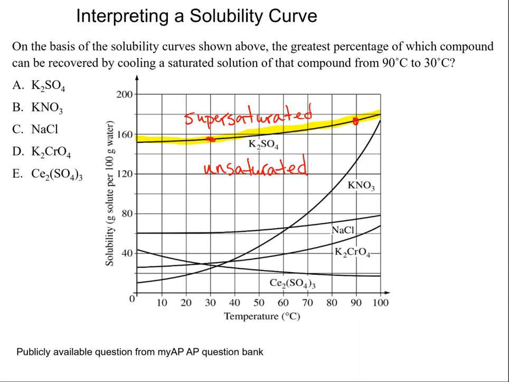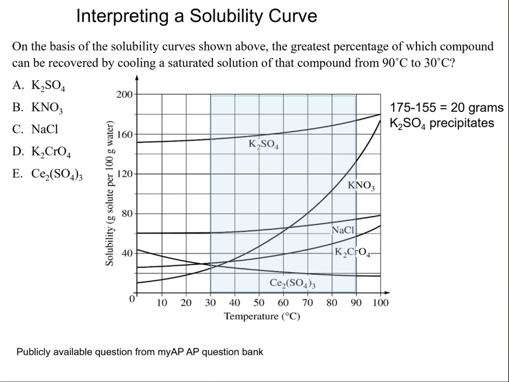So let's take a look at answering the question. We're going to be looking at cooling the various solutions down from 90 degrees to 30 degrees Celsius. So I've highlighted that with a blue region. So let's look first at the potassium sulfate. Initially, we have 175 grams in solution.